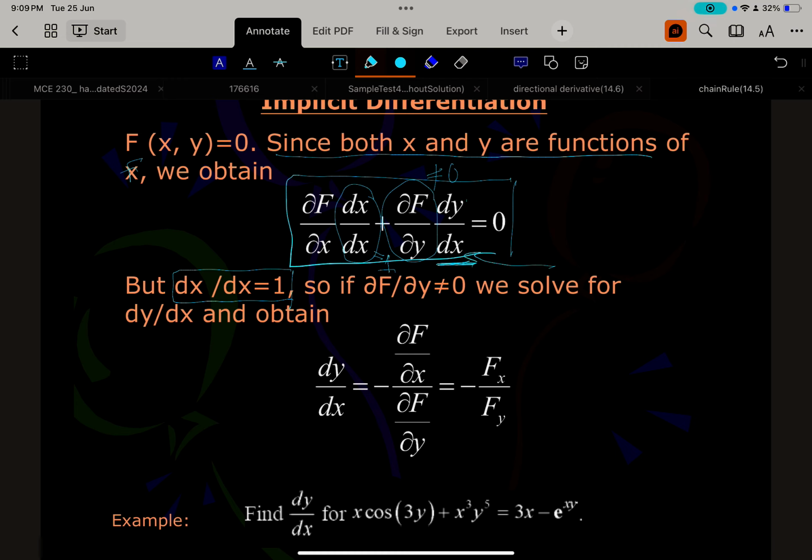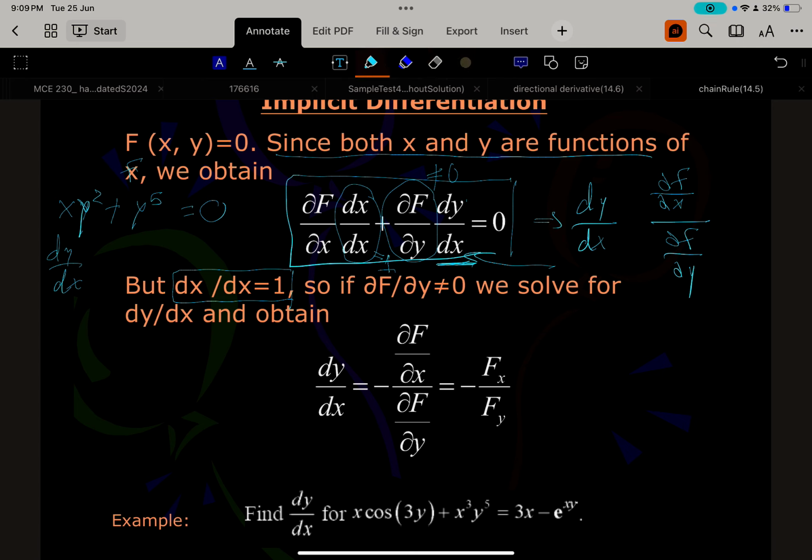This is the regular implicit differentiation. If you want to find dy over dx implicitly, since it may be hard sometimes to write y as a function of x, sometimes this becomes challenging, so we need implicit differentiation. So this basically becomes dy over dx equals df over dx over df over dy, partial derivatives.